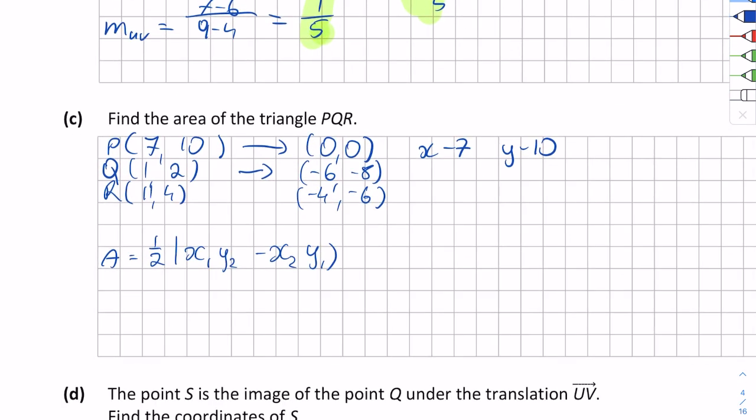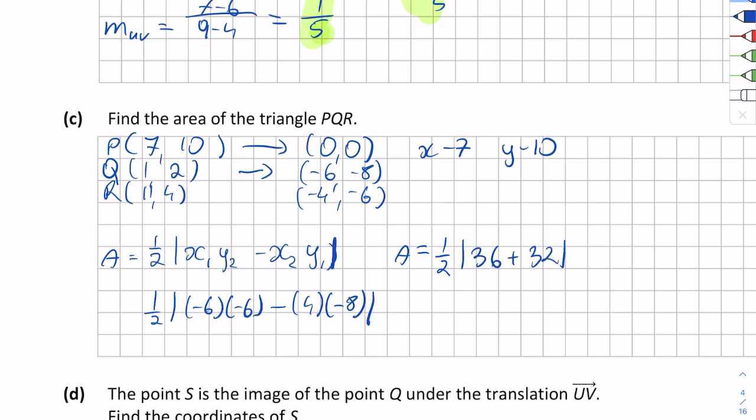Taking point Q as the first point and point R as the second point, I can substitute to get the following expression: half absolute value of minus 6 by minus 6, and then minus 4 by minus 8, which simplifies to half the absolute value of 36 plus 32. And then that gives me a result of half of 68.